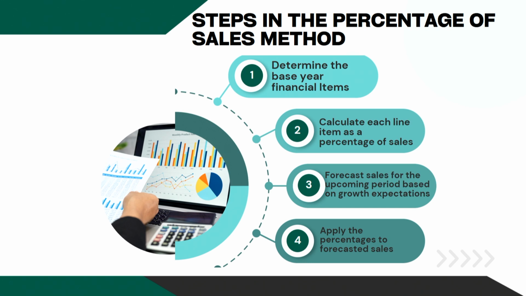Now, looking at the percentage of sales method, there are certain designated steps which are expected to be adopted while predicting the income statement. Here the first step is to determine the base year financial items.